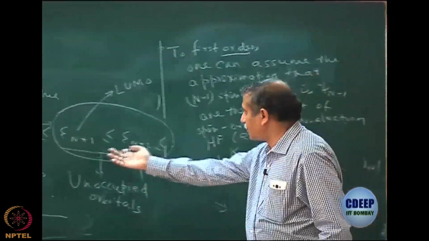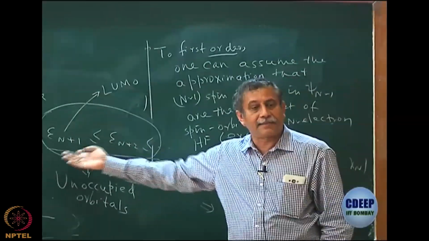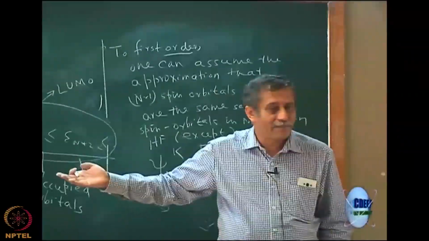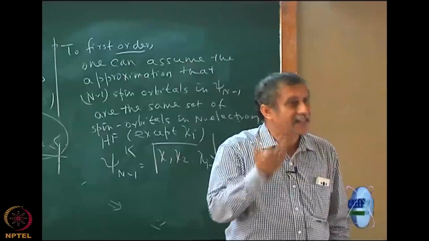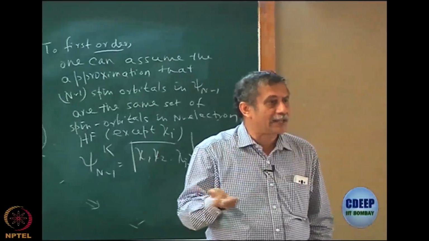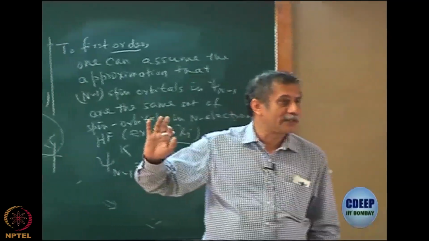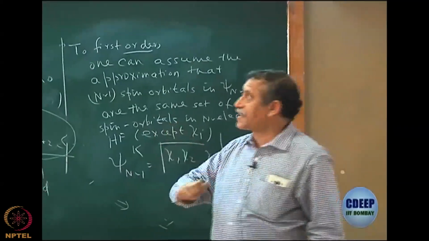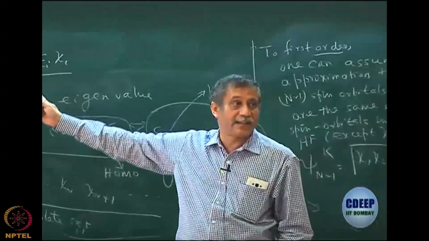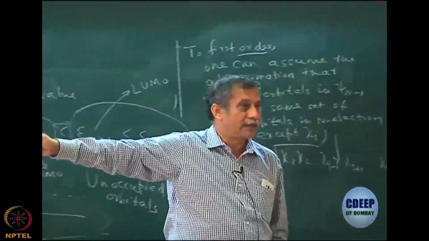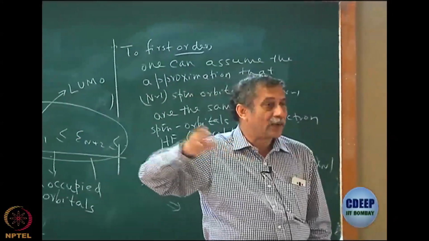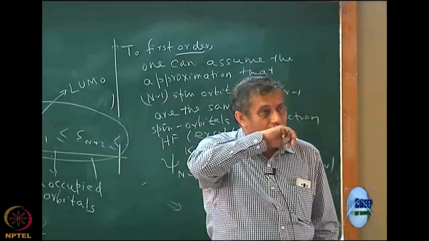I can still order them, right? As long as they are greater than N, there will be unoccupied orbitals. As long as the number that I find is greater than capital N, then I can order them and find out some of them as unoccupied orbitals. So if you are asking how do you solve this, yes, there is a way to solve for all the spin orbitals. In fact, numerically one can solve for atoms very easily.